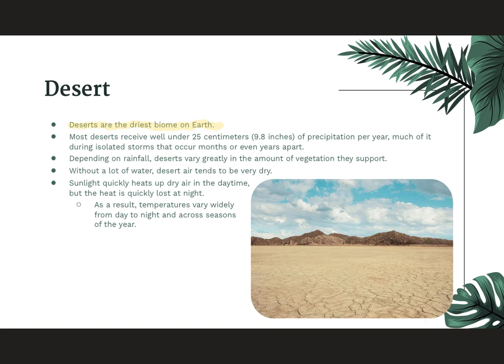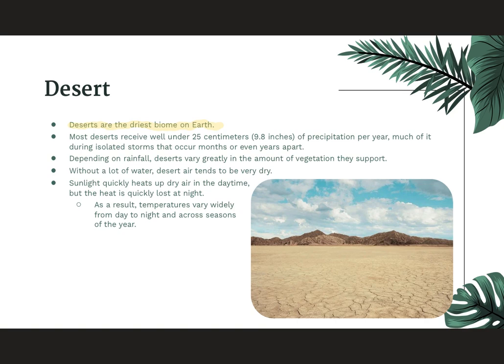That's about 9.8 inches, much of it during isolated storms that occur months or even years apart. So very sporadic, and you can't really plan for when it rains, hence the picture. You don't see a lot of vegetation or animal life there. Depending on rainfall, deserts can vary greatly in the amount of vegetation they support. If it receives more rain, you'll see more vegetation.